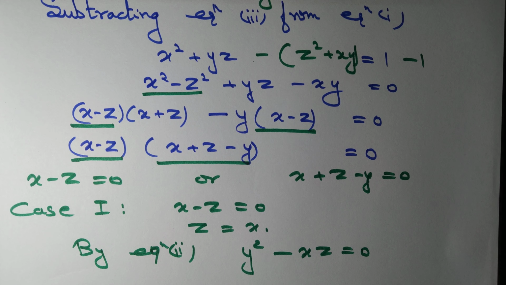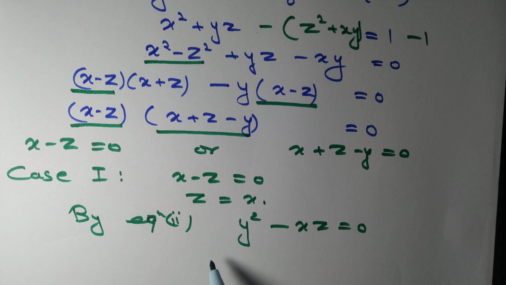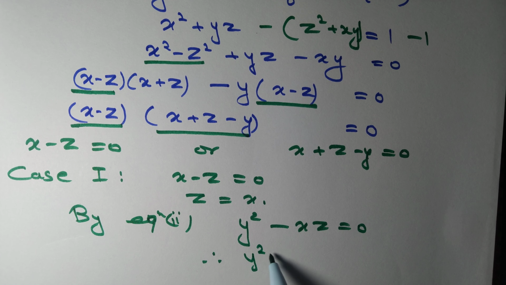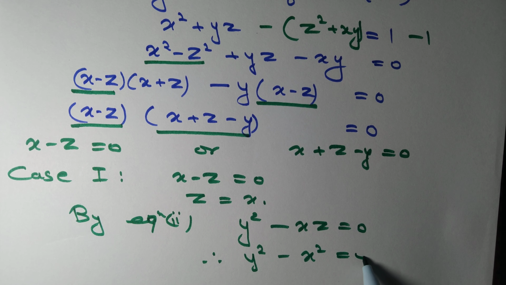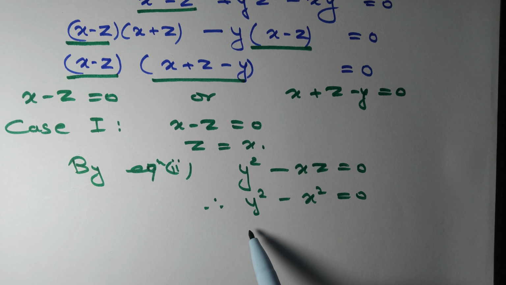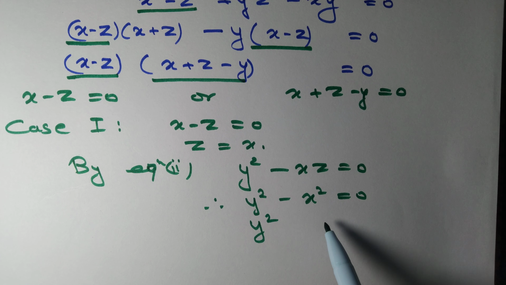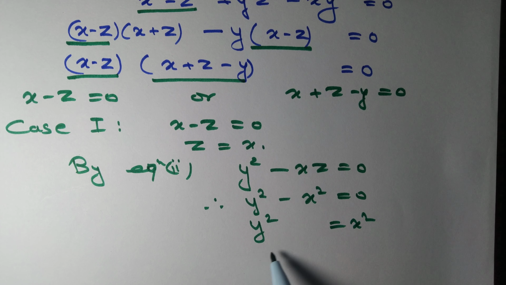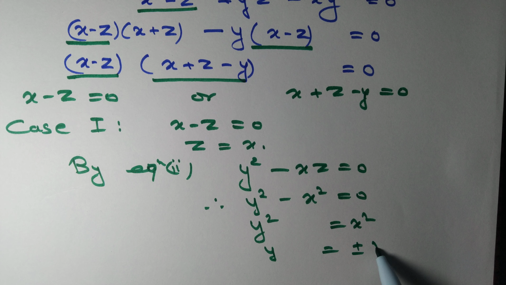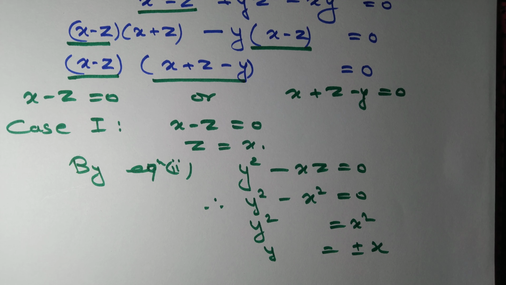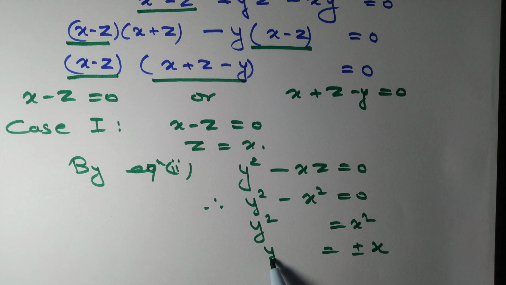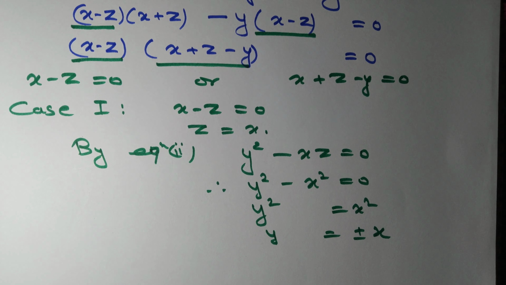Now we write z equal to x to get, therefore, y square minus x square equal to 0. That will give us y square equal to x square. So y equal to plus minus x. Okay, so we have z equal to x and y equal to plus minus x.